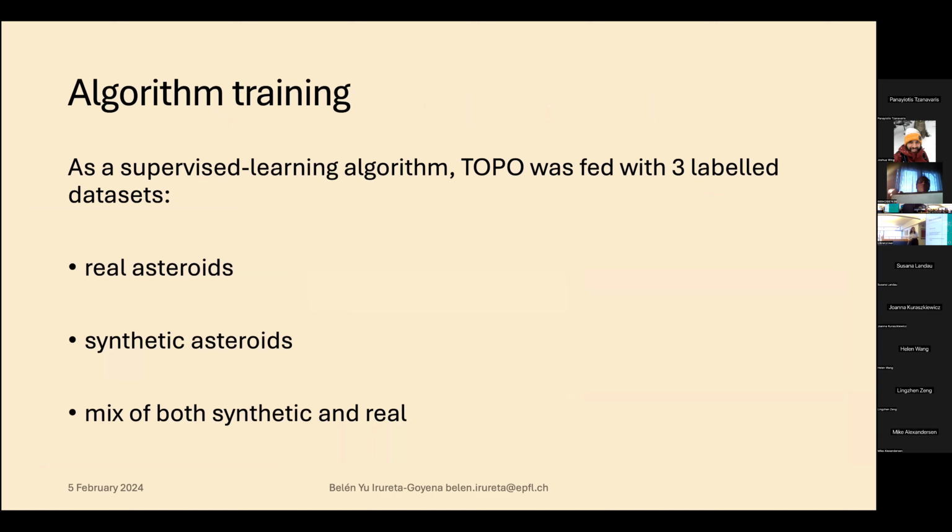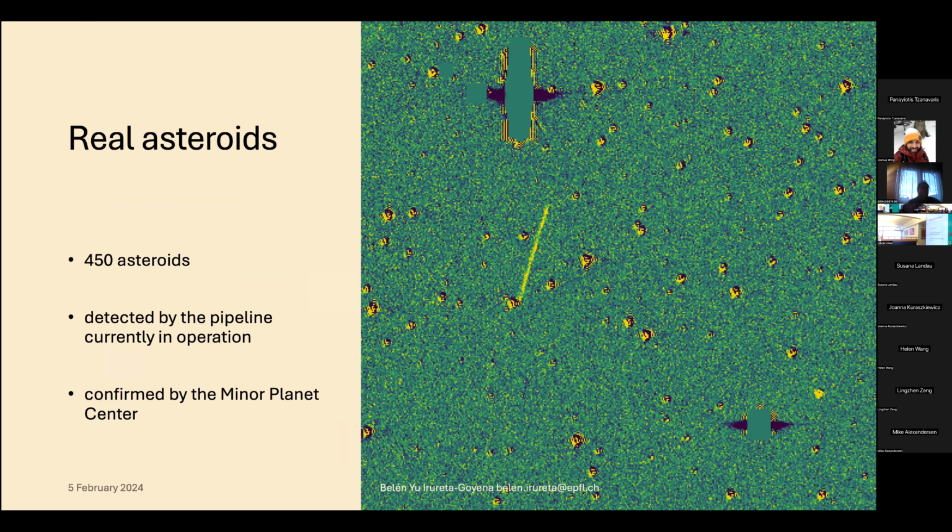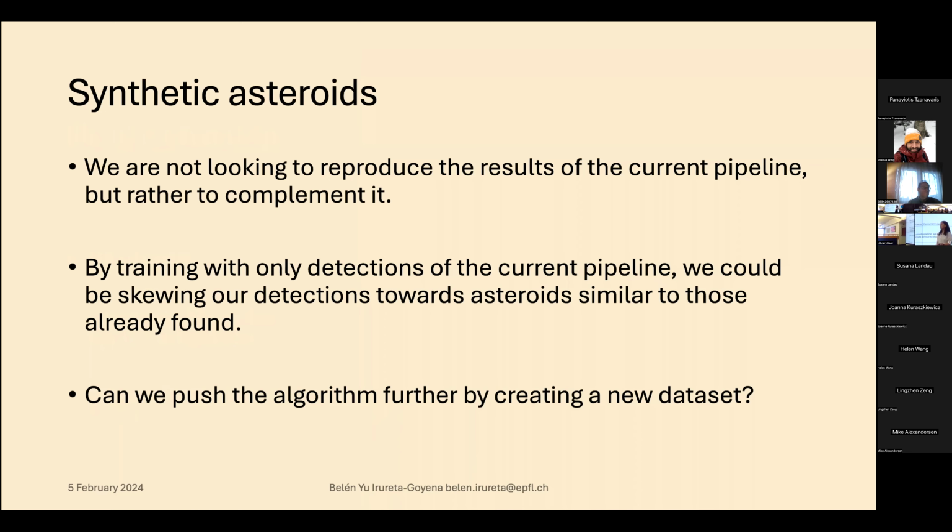The real asteroid data set was comprised of 450 asteroids that had been detected by the pipeline currently in operation, the current ZTF pipeline, and they are confirmed asteroids by ZTF, so we know that they are actually real. The problem is that we're not looking to exactly reproduce the results of the current pipeline. We want to see whether we can find something else.